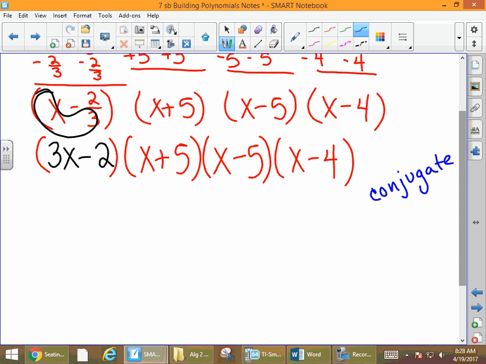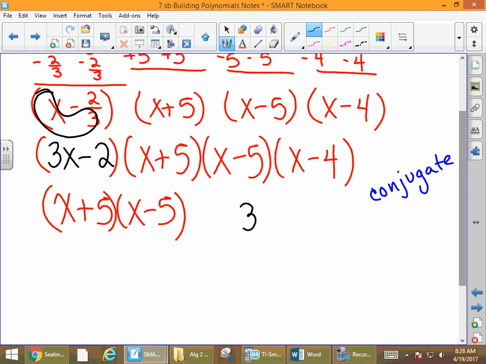They don't cancel each other out. But let's multiply together the x plus 5 and the x minus 5. Then let's multiply the 3x minus 2 and the x minus 4, the other two values, together. And then to finish, so we have it in standard form, we'll multiply our answers from our red problem and our black problem together.